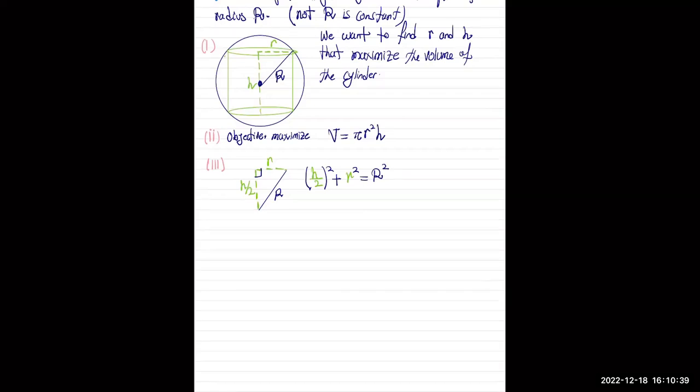We can take this relation and solve it, either for H or for r squared. Solve for r squared and plug it in. r squared is equal to capital R squared minus H squared over 4.